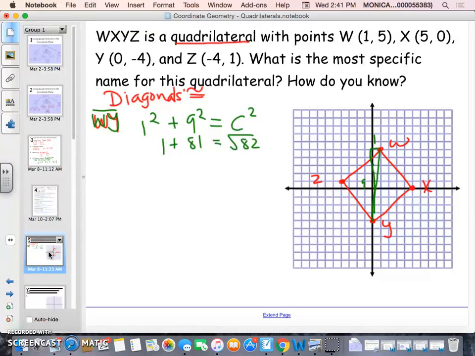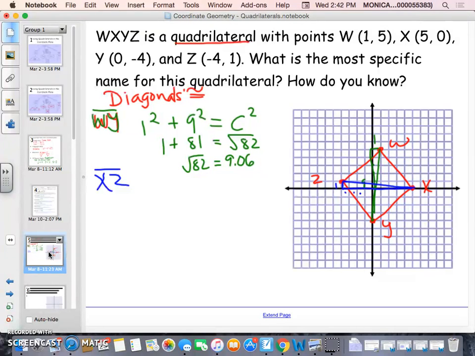Which equals the square root of 82. And the square root of 82 equals 9.06. So I can say that that side is 9.06. Now I'm going to check the second diagonal, which is XZ. And that's here. And I see that to go here, I'm going to go down 1 and over this many.